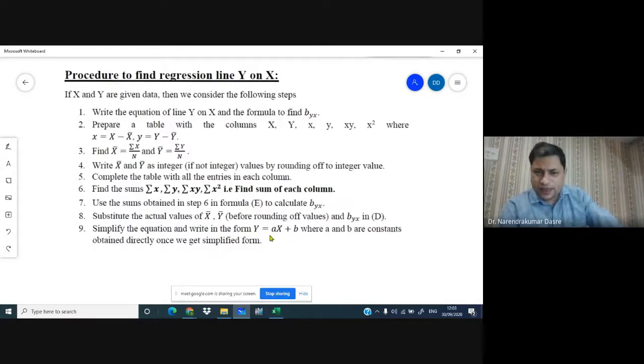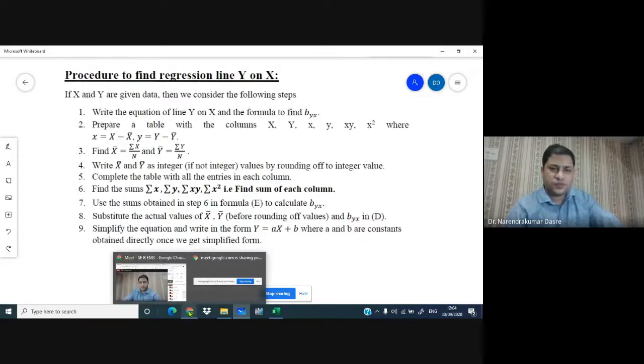So we have to find the line of the form y is equal to ax plus b, where a and b are constants obtained by simplification. Is this procedure clear to you? Have you got this procedure?